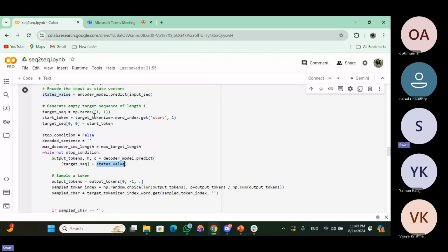This state value is coming from the encoder, the hidden state. And this target sequence is the input from the previous timestamp. If you remember, we need two things: the hidden states as well as the input from the previous timestamp. We give these to the decoder model and it will make some predictions.